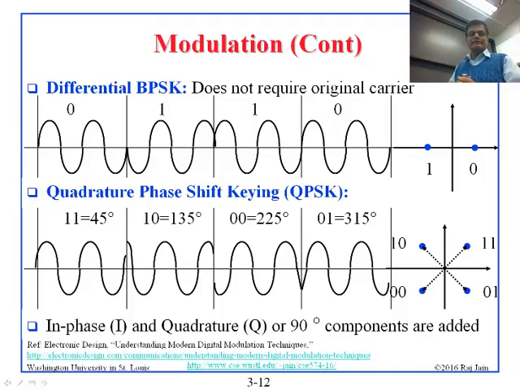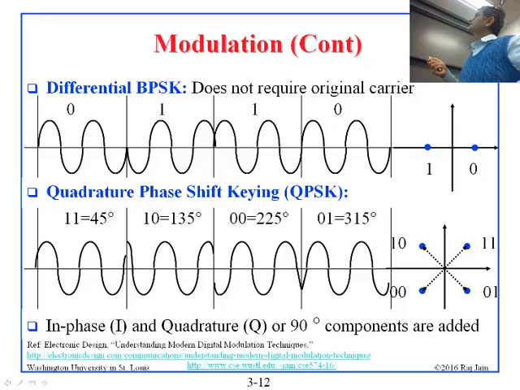And so people felt that instead of zeros and ones, why don't we do differential, where you don't worry about the original signal, you just worry about the previous symbol. So this is a 0, and since there is a phase shift, this is a 1, and then there is a phase shift, and therefore this is a 1.